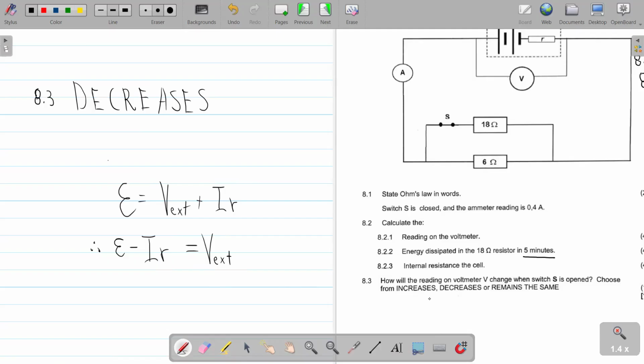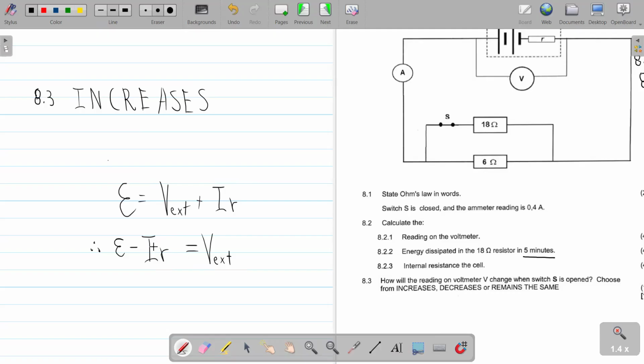So the current went down, so yeah, it will increase. So this is thinking, it will increase, not decrease. So this is increases. So it increases because the current has gone down, because the total resistance has increased. So the current will go down.